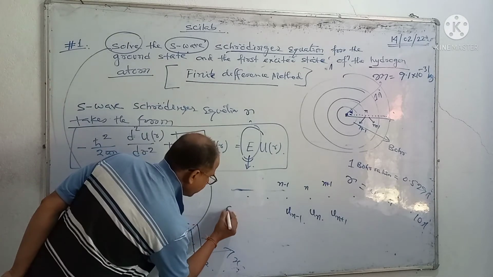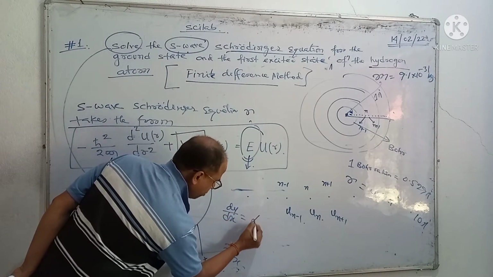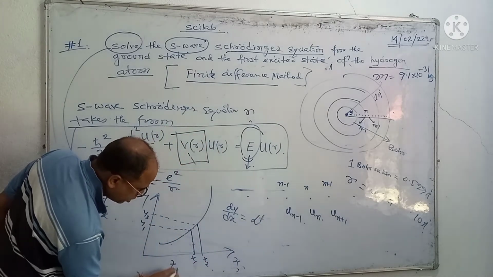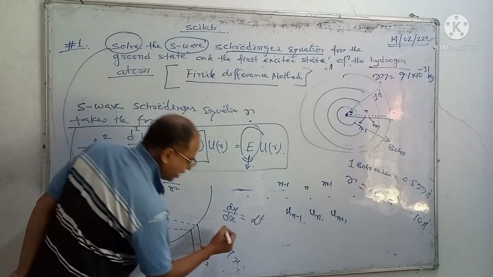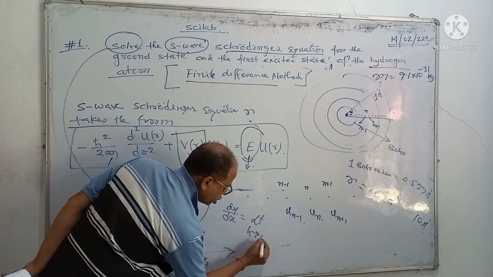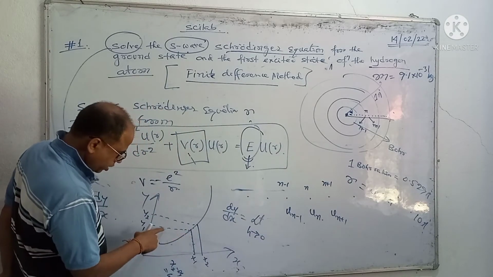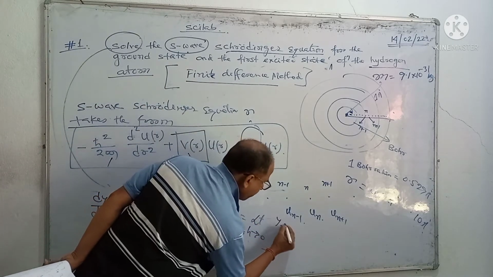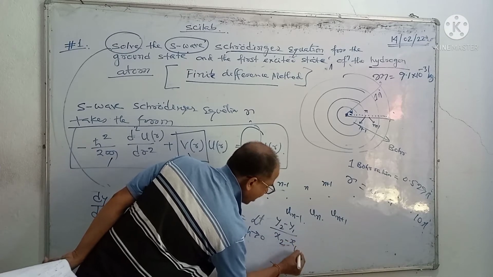The definition is: dy by dx is equal to limit, suppose x2 minus x1 is equal to h, limit h tends to 0, y2 minus y1 by x2 minus x1.